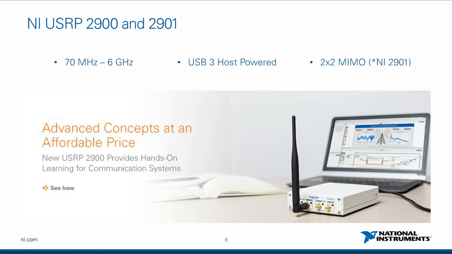They connect to your PC or laptop using USB, and you can even power the devices using a USB 3 port, meaning you don't have to plug them into mains power. The 2901 has 2 input and 2 output channels, so you can even investigate 2x2 MIMO architectures with a single device. These are also our smallest and lightest USRPs yet, so we've put a Kensington lock slot on them in case you want to make sure they stay in the teaching lab and don't go walkabout.